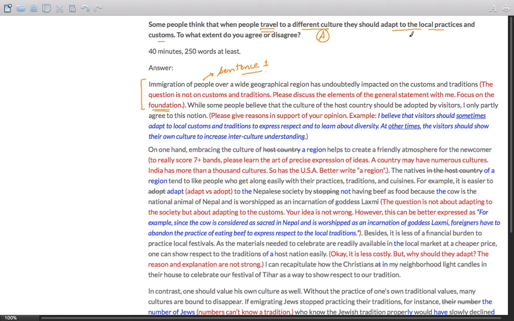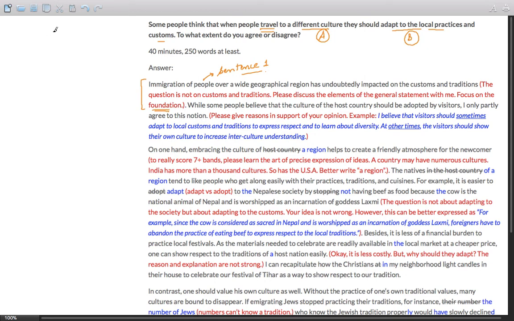So the process of adapting is part B. And what you have to do is connect the two. So you should connect traveling. So there are some foreigners who are traveling, and the foreigners or the travelers should adapt to the local practices and local customs. Now, to write a general statement, you should be clear about which part lies at the foundation.